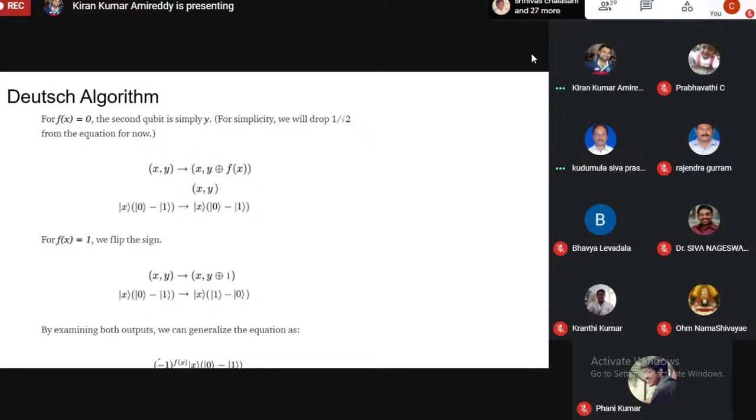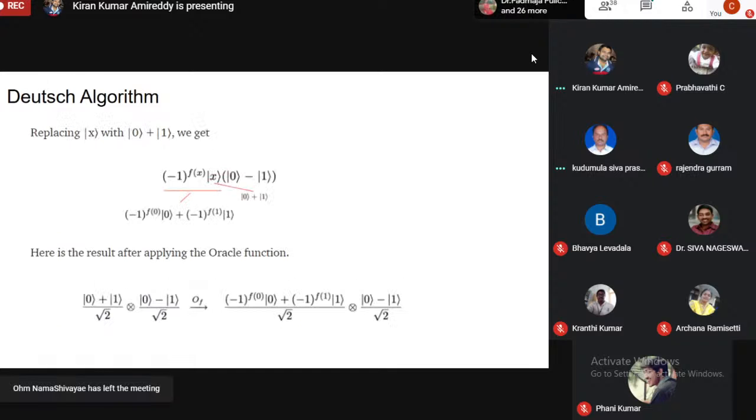Simply minus 1 to the power of f of x, and the bits 0 and 1. These are the intermediate steps to understand how clearly it is operating. As you can see, this oracle function is performing here: minus 1 to the power of f of x, x and 0 and 1, two bits.